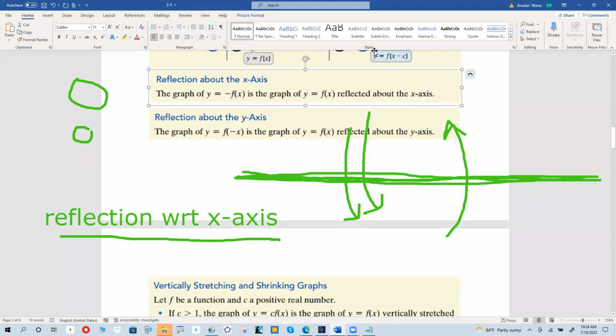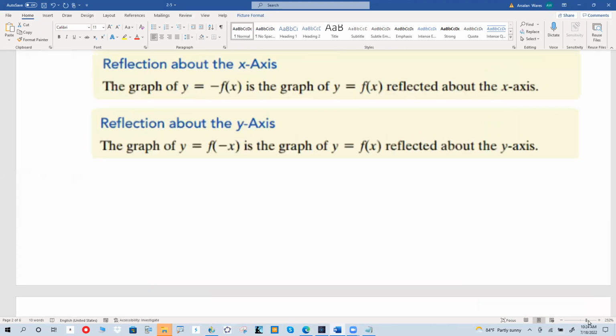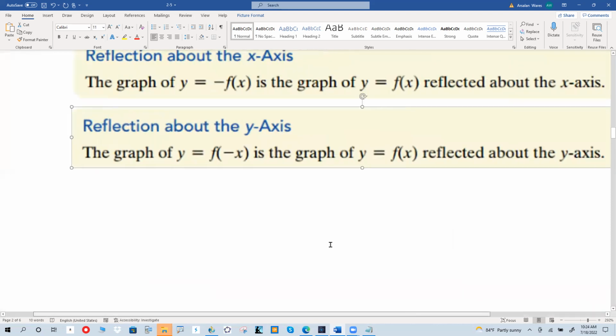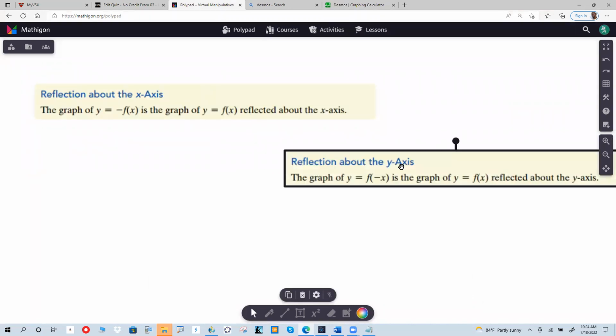You can almost guess what this is going to be like. This time, let me see how well you can see. In the previous example, we stuck a minus sign outside. Now we're sticking it inside. Sticking it inside means this.